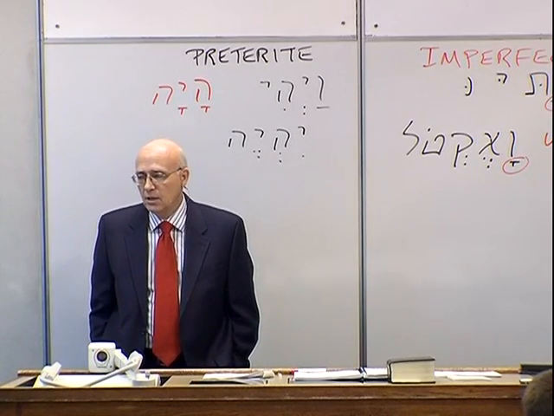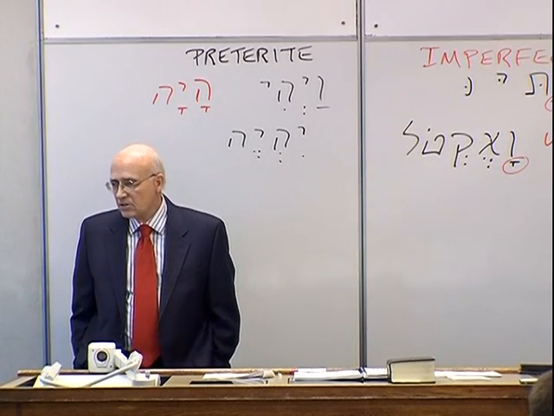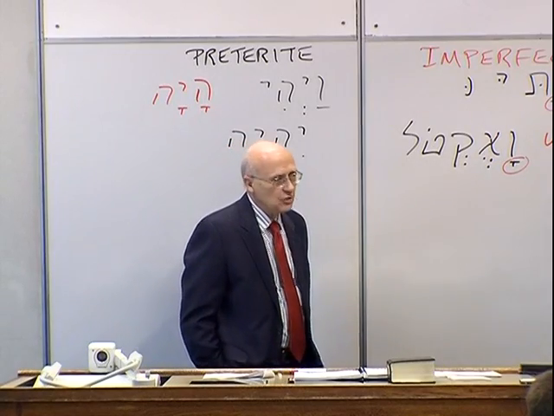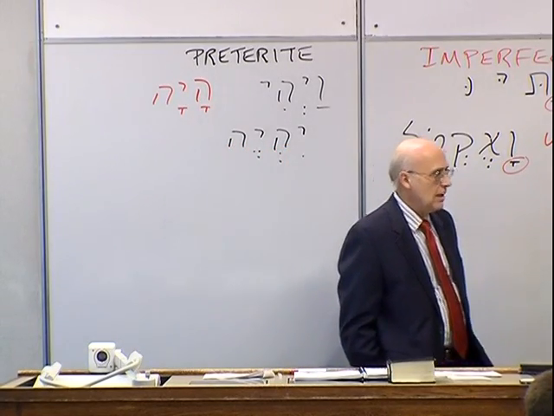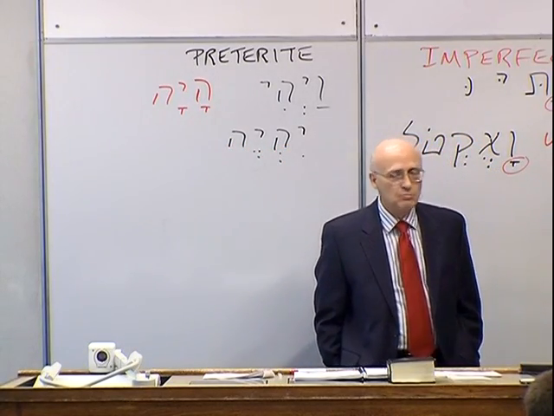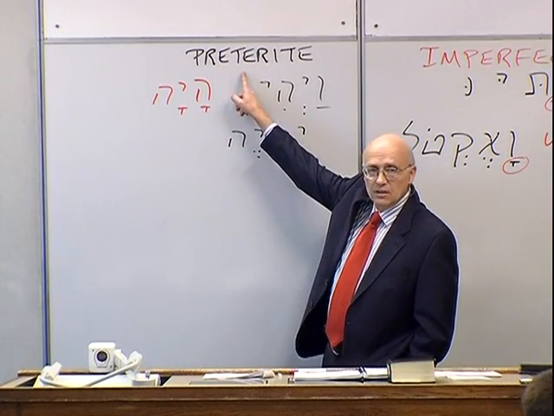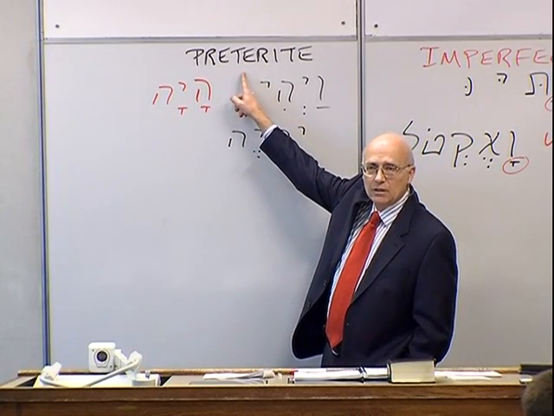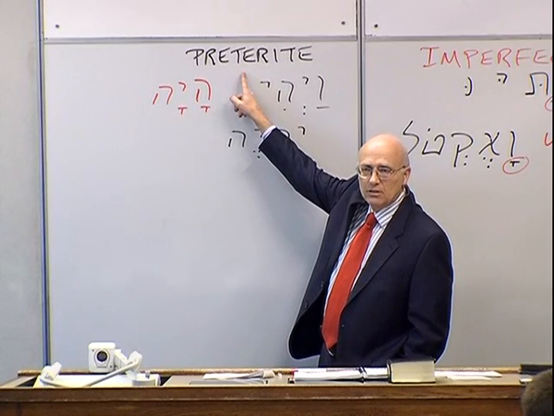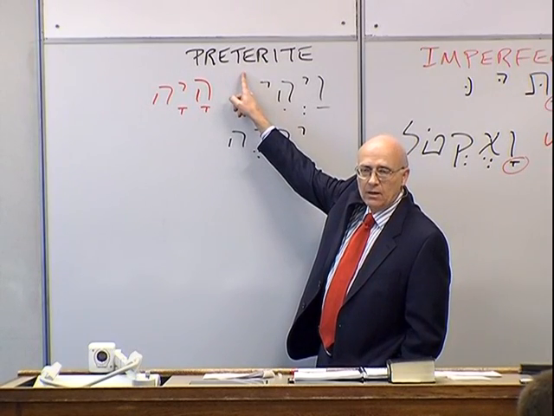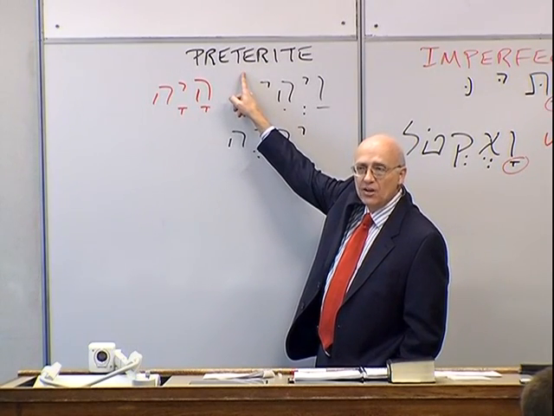Past tense. But as you'll find out next semester, when we have Chisholm as a textbook, From Exegesis to Exposition, published by Baker, he says to use preterite is inadequate and inaccurate. Why? Because the wayiqtols are not always past tense.